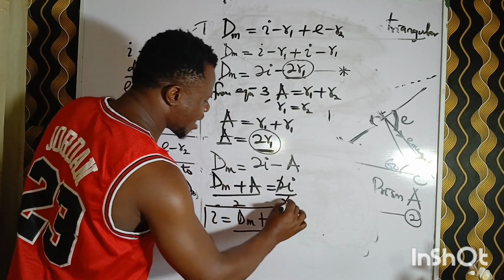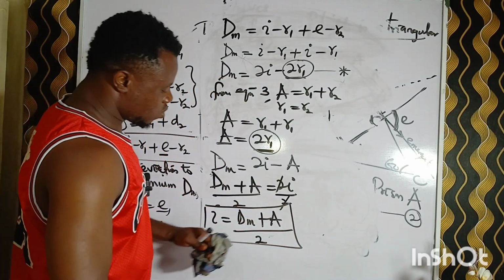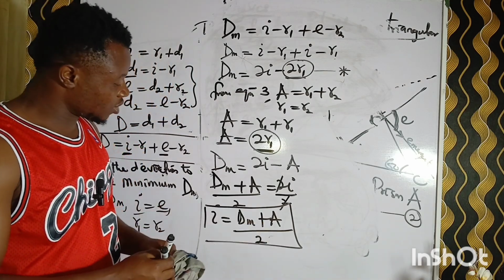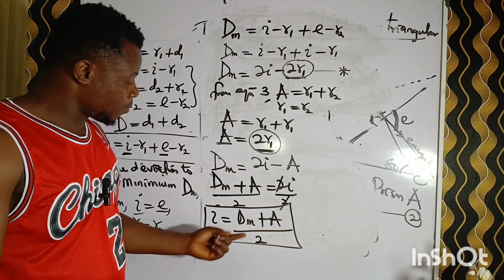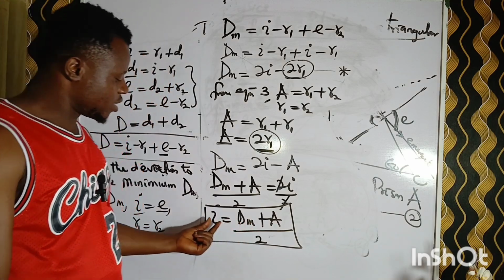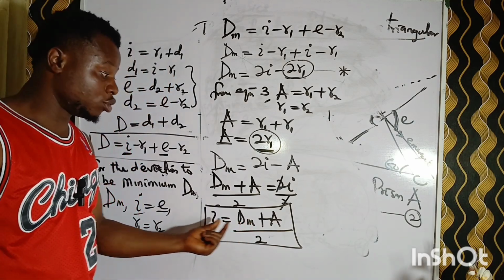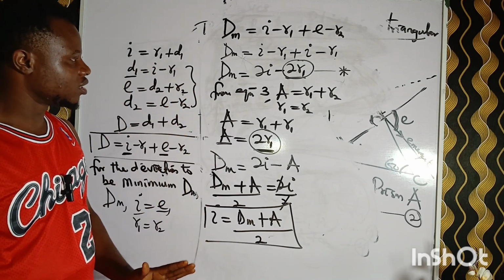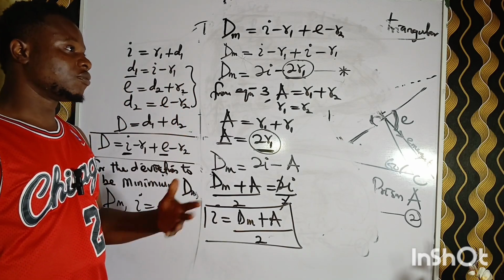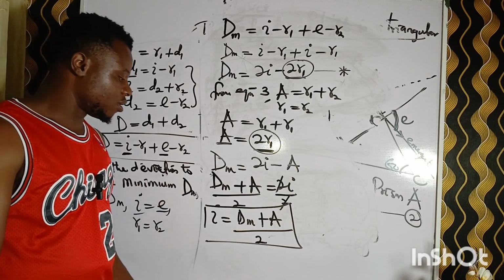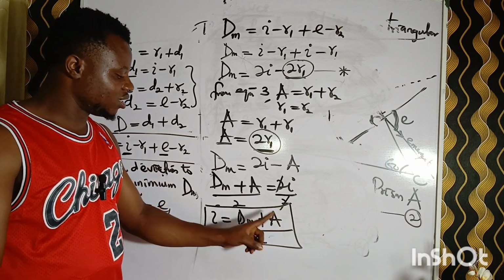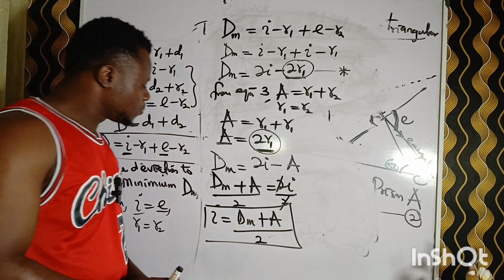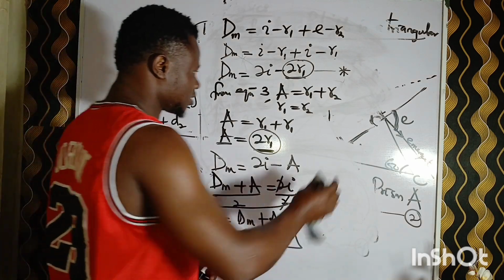So this is the angle of incidence when the minimum deviation is given. Meaning that with the help of minimum deviation, we get the angle of incidence, because your A is always 60 degrees, which is the angle of the prism. So if the minimum deviation is 34 point something, or 34, you put that at dm here plus your 60, divided by 2, and you can get your incidence angle. So this particular equation is also important.